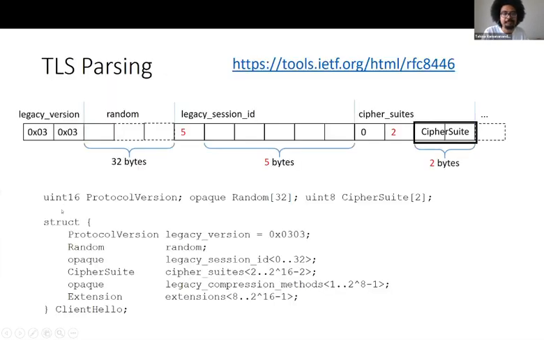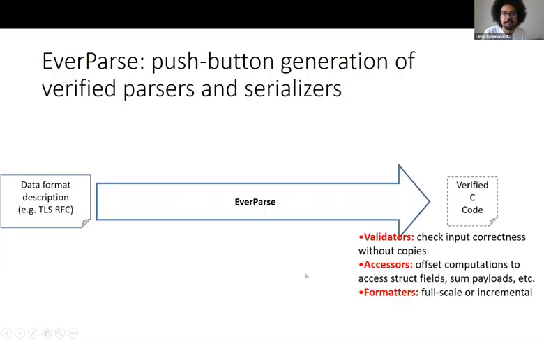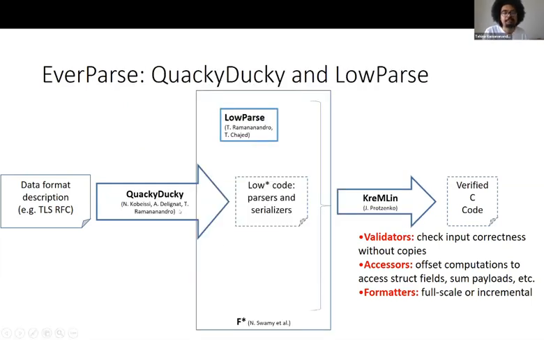That is, from the data format description, we automatically generate validators, accessors, formatters, and so on, and we automatically prove them correct. Under the hood, we actually generate F-star code, in particular in the form of Low-star code, this subset of F-star that is extracted to C that Nick and Jonathan just showed you a few minutes ago. And we link with the LowParse library, which is a verified combinator library for parsing and serialization. And then we use KreMLin to extract this code to verified C code.